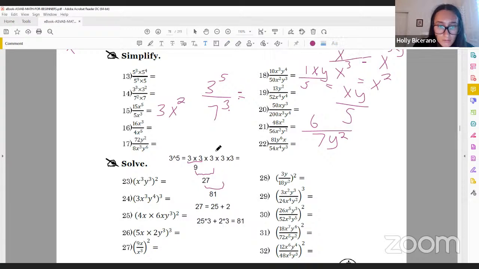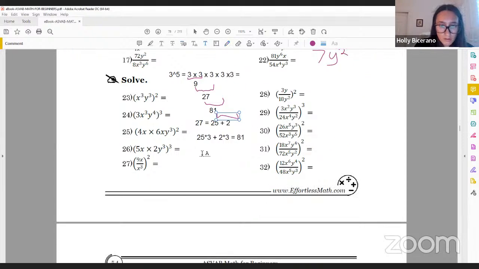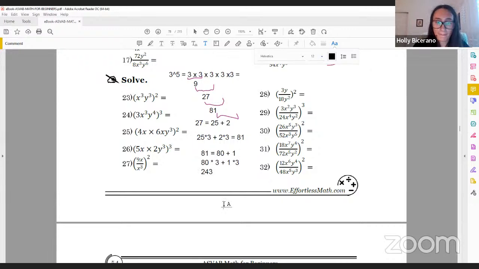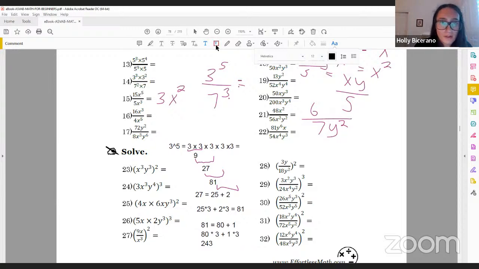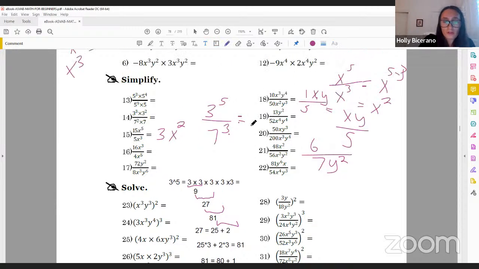And then we have 81 times 3. And so 81 is just 80 plus 1. So we have 80 times 3 plus 1 times 3. And that's 243. So 3 to the power of 5 is 243.